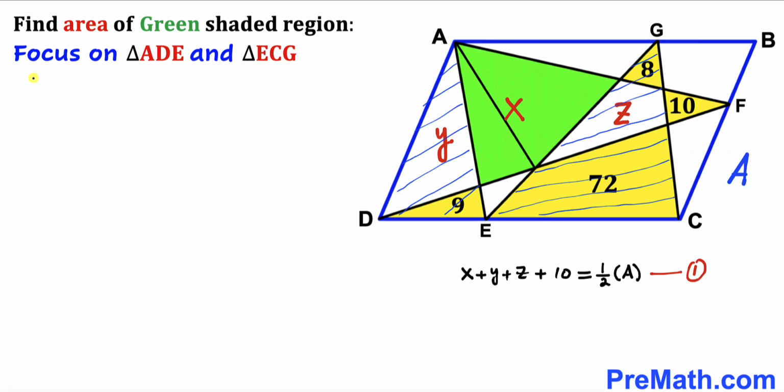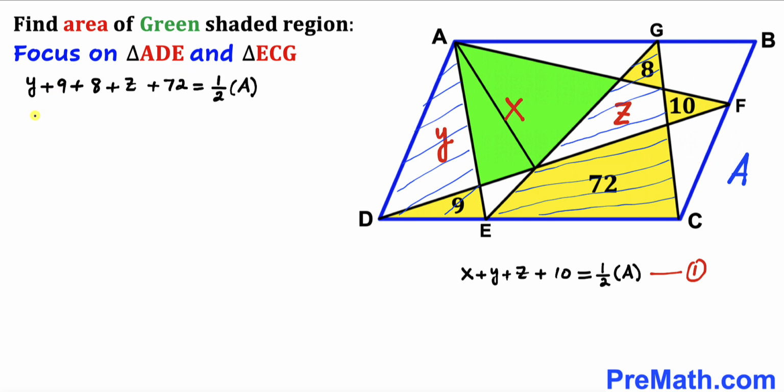So therefore, let me write down: Y plus 9 plus 8 plus Z plus 72 is going to be equal to the half of this whole area A. And now let's combine these like terms, these constants 9, 8 and 72.